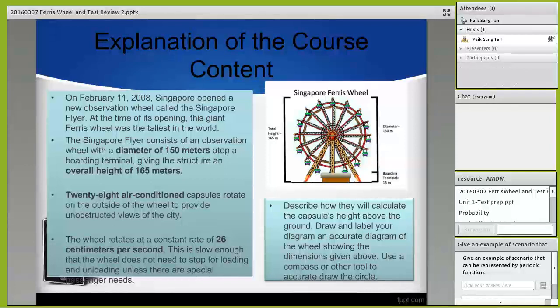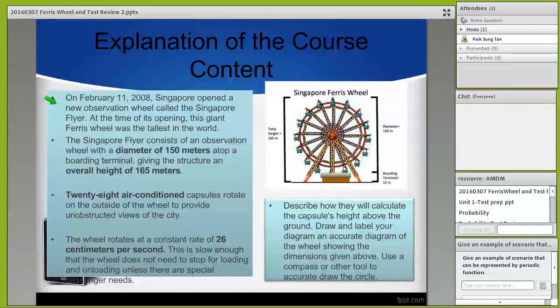So let's read. If you haven't read the content, you should always go to the content and read it. This is from the content. On February 11th, 2008, Singapore opened a new observation wheel called the Singapore Flyer. At the time of its opening, this giant Ferris wheel was the tallest in the world.